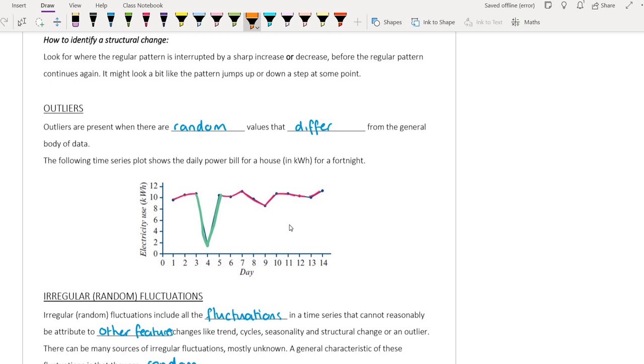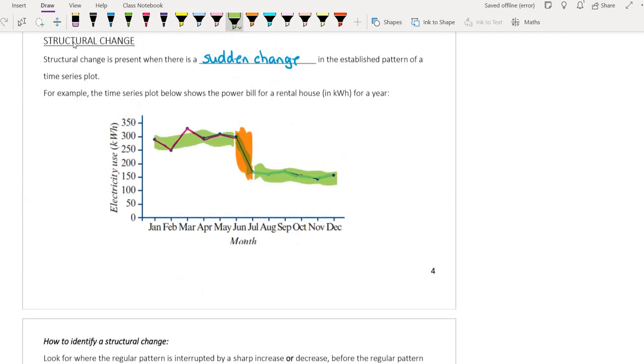But not to be confused with outliers, where for the rest of the time series data, there's a very clear pattern, but then there's just one point that is obviously away from the rest of the data. And this is different to a structural change, where the structural change happens here and then the pattern doesn't change after that.